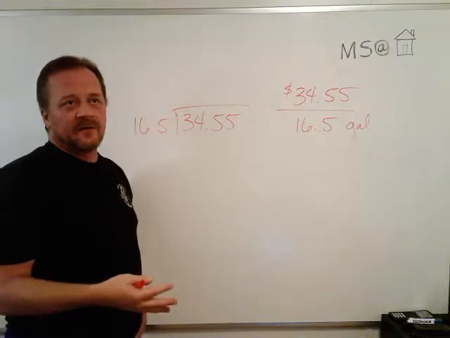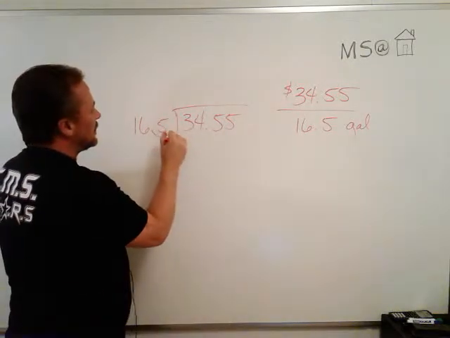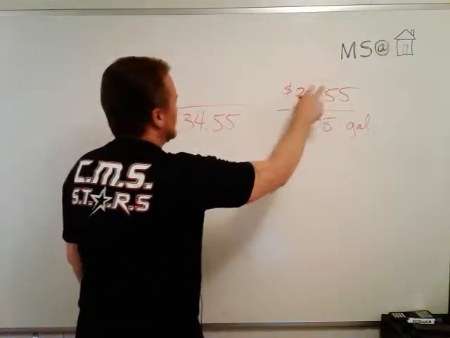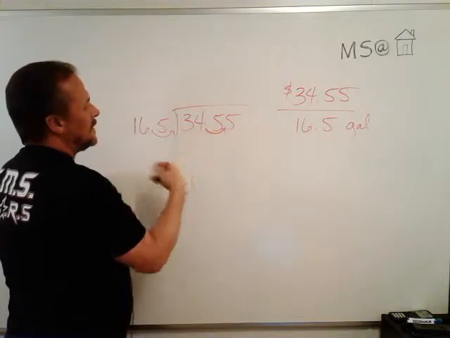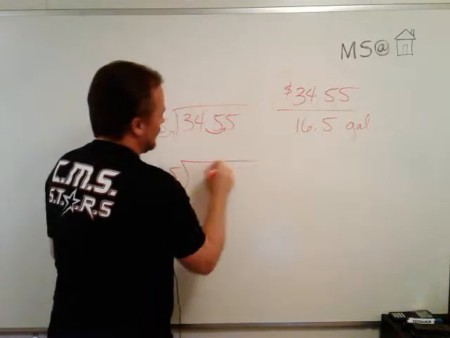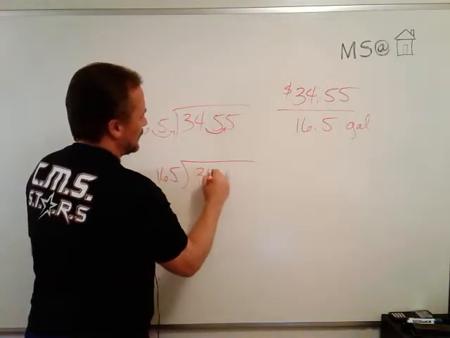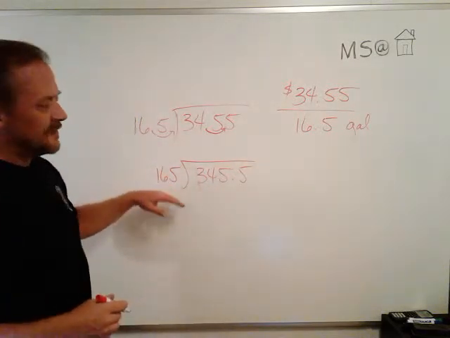And basically what we're doing is multiplying by 10. Don't forget that if you change one part of a ratio, you have to change the other part. So this goes to the right 1 time, and now it's 345.5. And now we have a whole number here that we can work with.